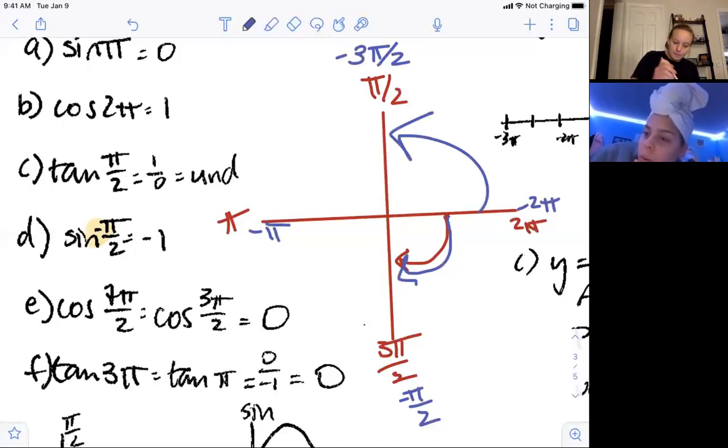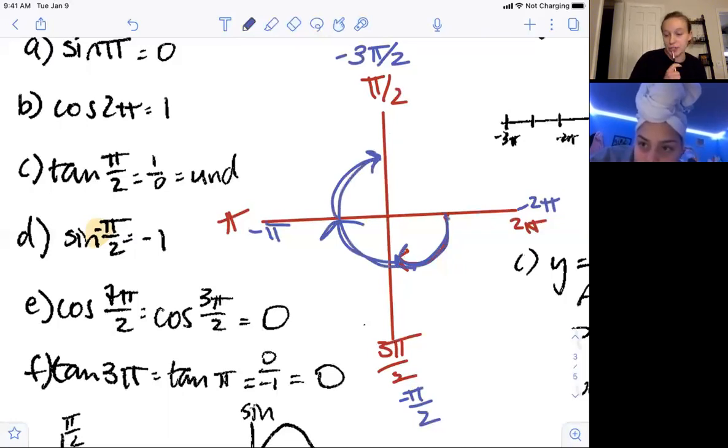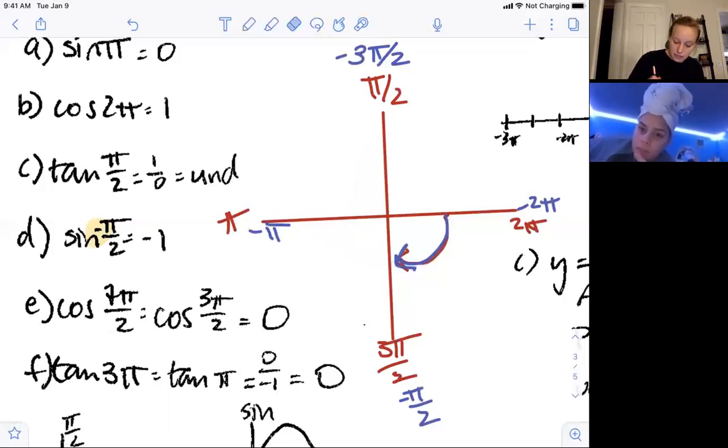Yeah, I see what it is now. This one is only 90 degrees, this one is 180, and this one would be the equivalent of going 1, 2, 3 pi over 2s. Yeah, so that's the negative direction.